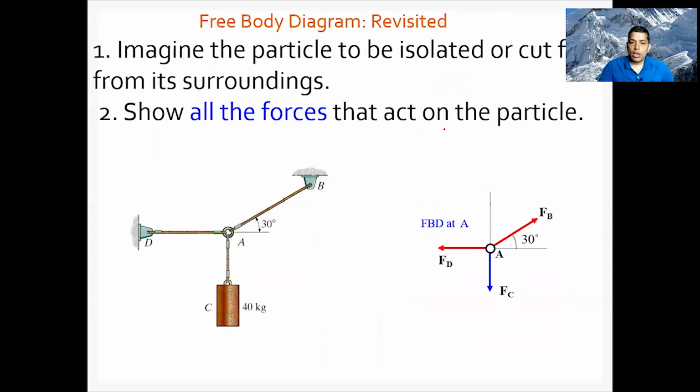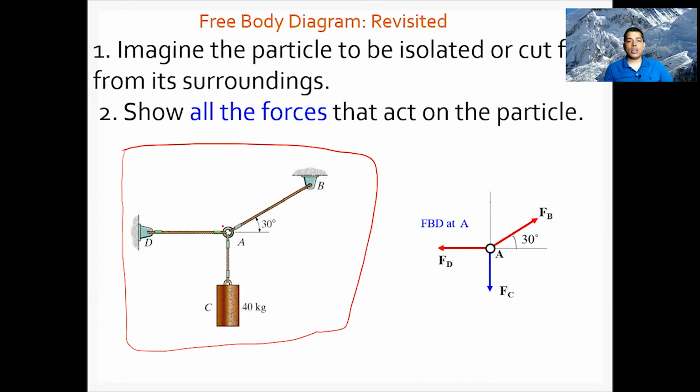Okay, let's do the free body diagram again. Let's revisit the free body diagram. It's the same example from the previous slide. So you have this example here. What did we do last time? We found the free body diagram at point A. So what did you do?